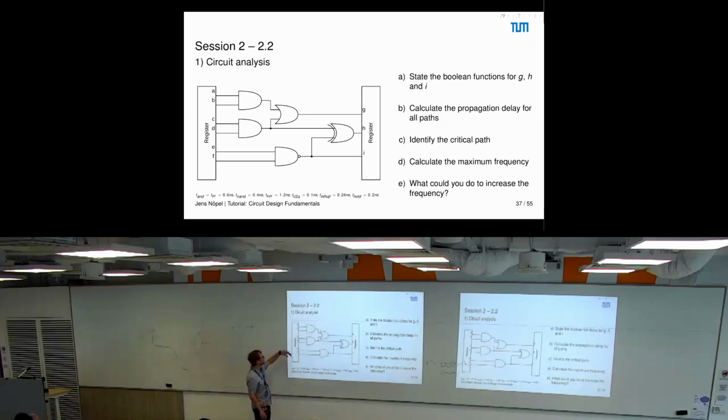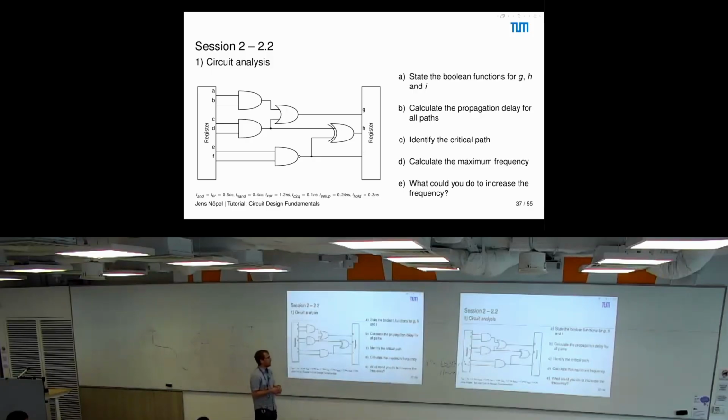We now have flip-flops as registers, and we have multiple register stages behind each other. And between those register stages, we have combinatorial logic. The first thing we can have a look at is the functionality, so the logic functions that are realized in this case.